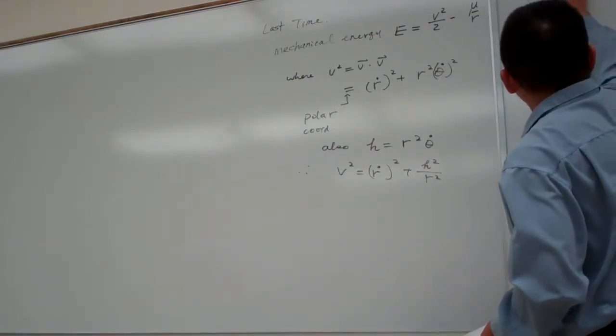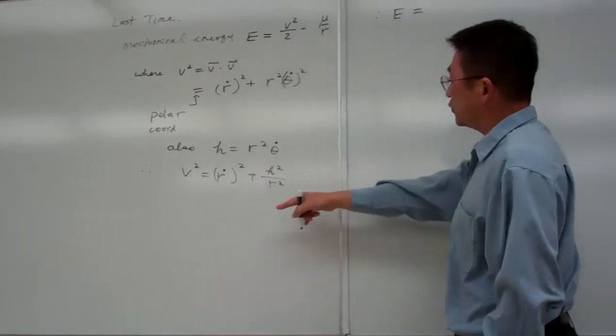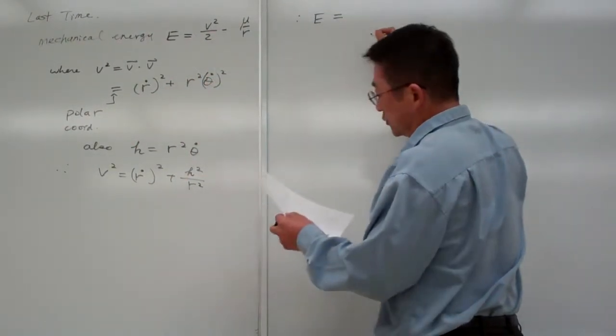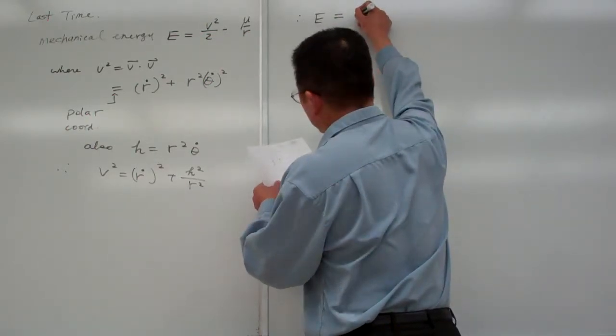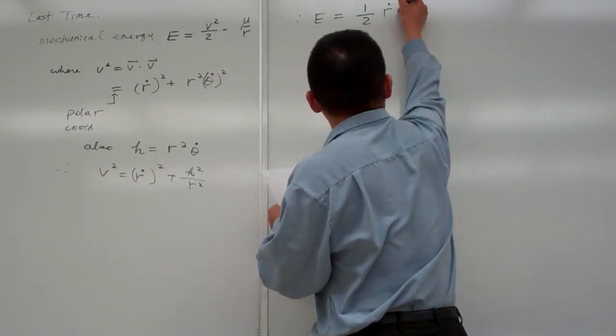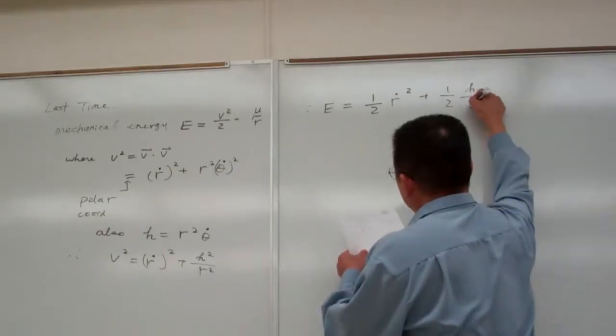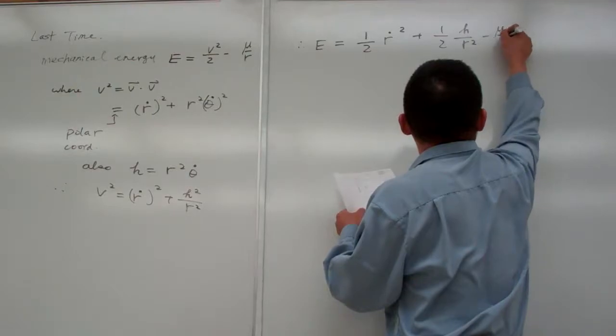Therefore, the mechanical energy can also be described by replacing the speed squared with that term. That is equal to 1 half r dot squared plus 1 half h squared over r squared minus mu over r.